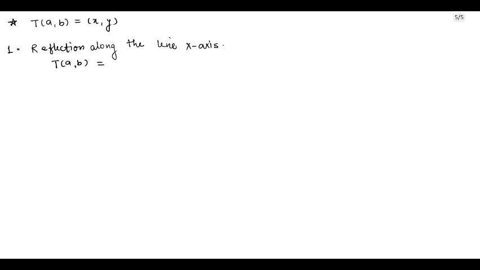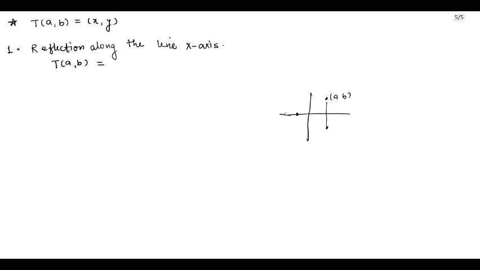You let the x-axis be a mirror. If we have the point (a,b), with x as a mirror, you get a point equidistant from the x-axis.